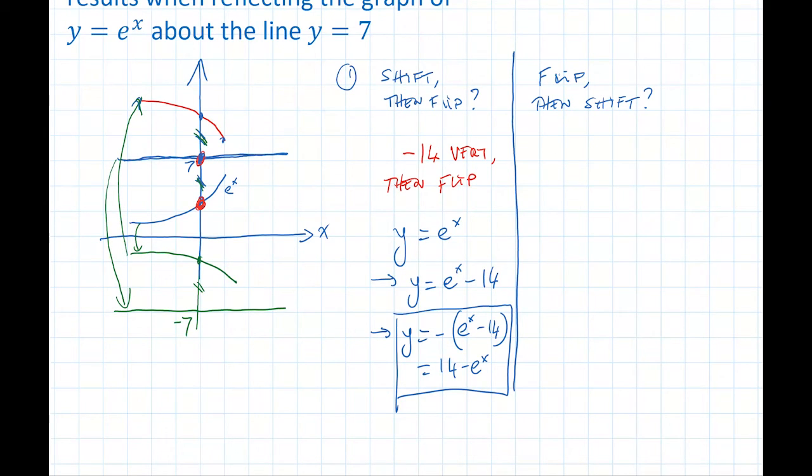That tells me that if I were going from this line -7 up to this line +7, then at the same time, this point, which is this distance above the -7, will end up here, the same distance above the 7.